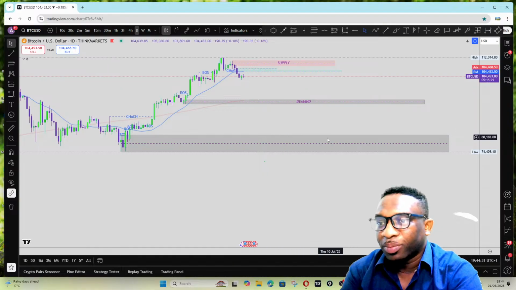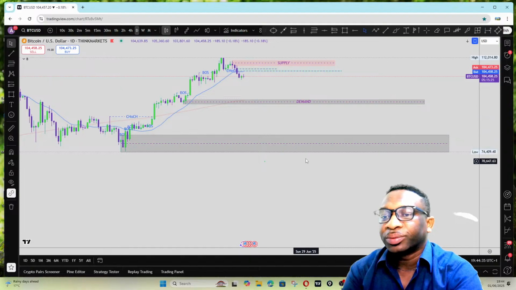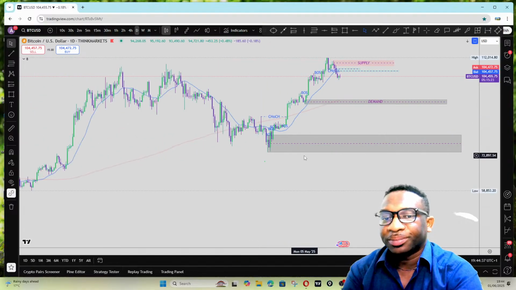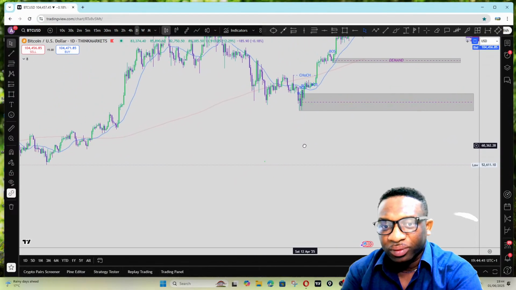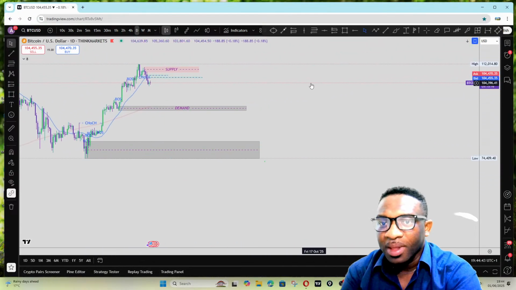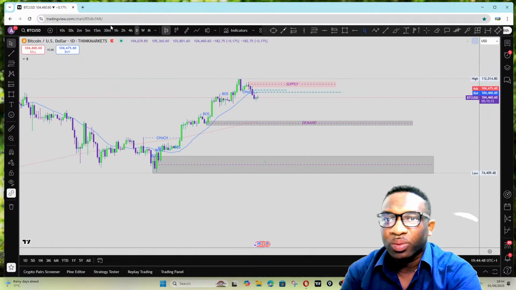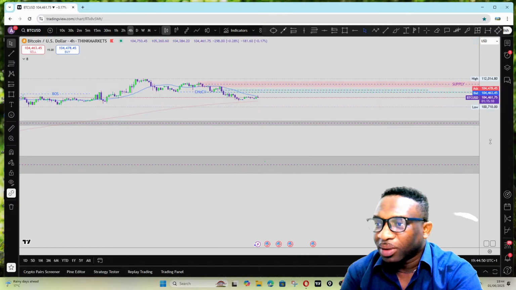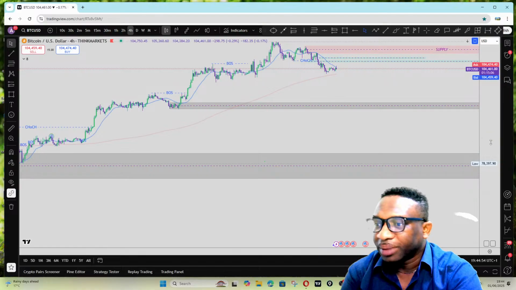So these are all potential pending areas that we could expect price to trade back into before continuing its move to the upside. As I said, we trade what we see. So we go back to the 4-hour. We trade what we see.